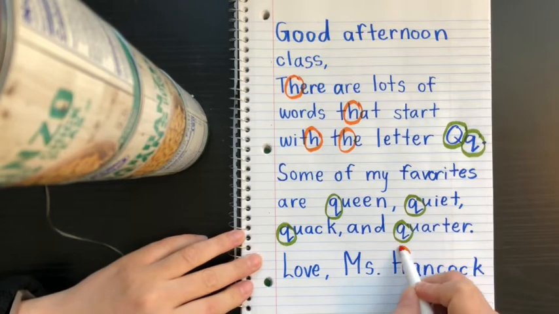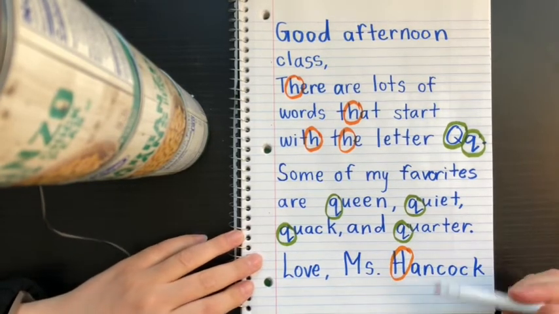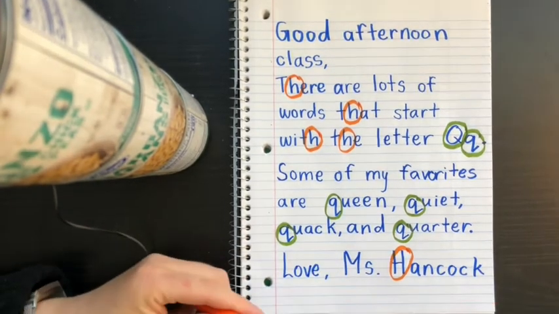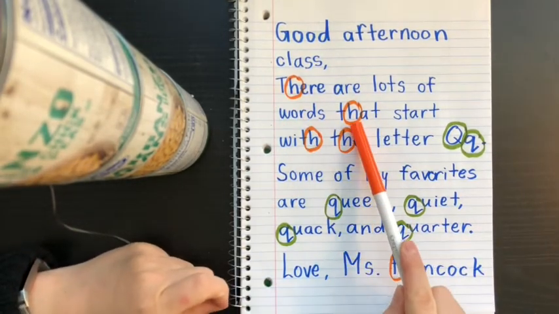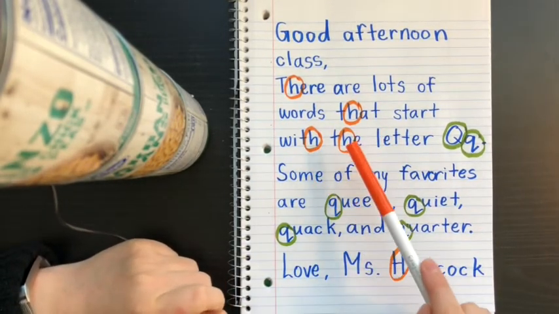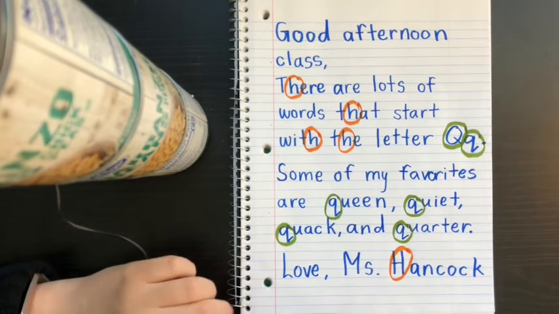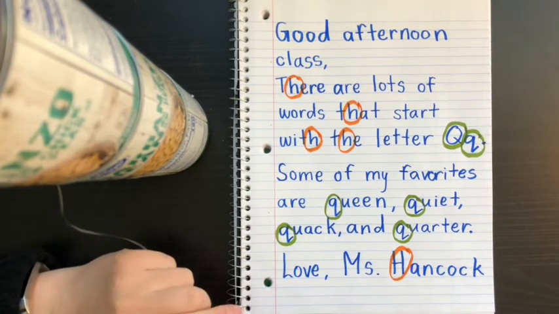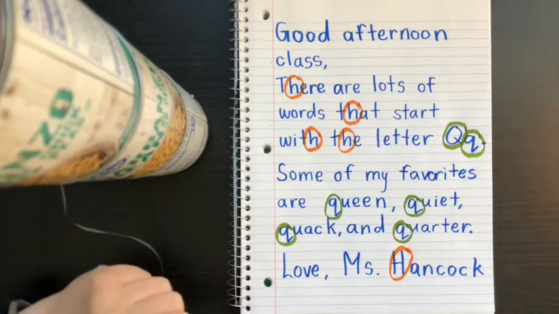Oh, and there's an uppercase H in my name, Hancock. Great, that is all of our H's, so let's go ahead and count them. 1, 2, 3, 4, 5. 5 H's in our morning message. So we have the letter Q, and the letter H. Awesome job, everybody.